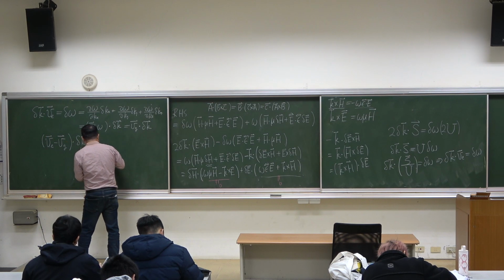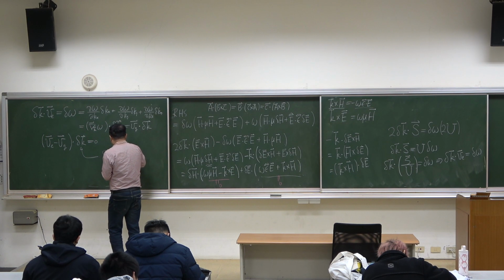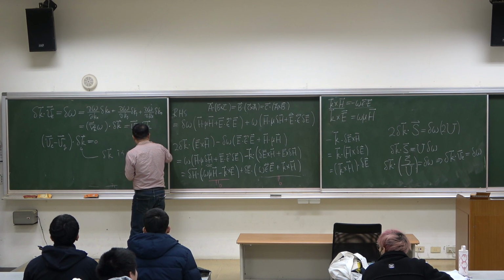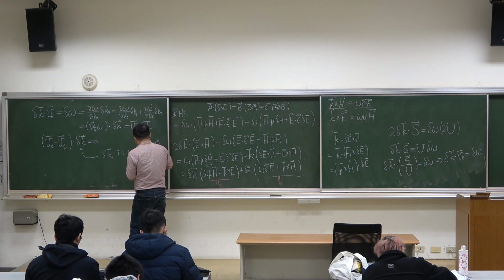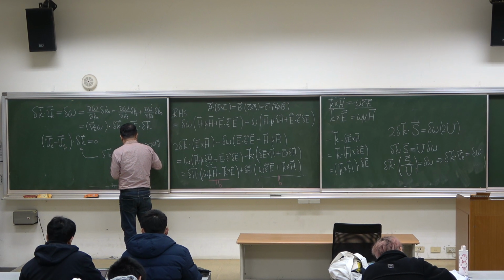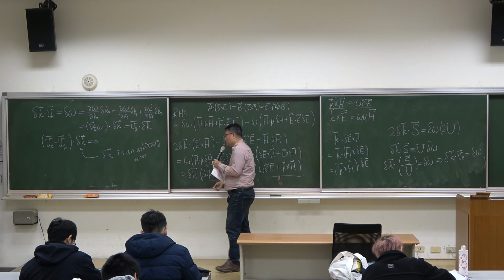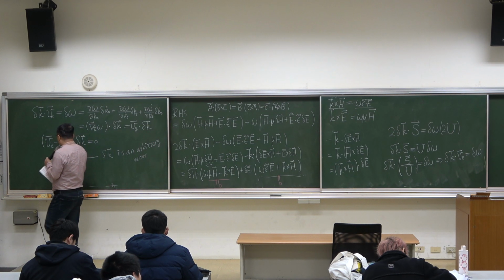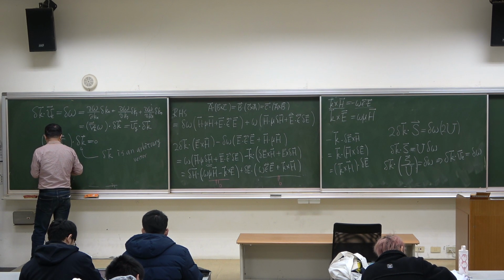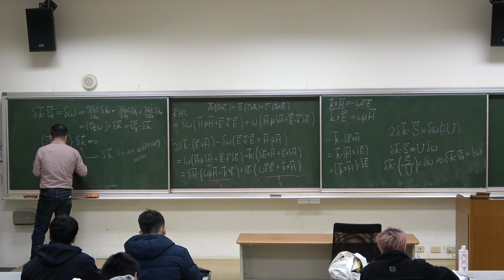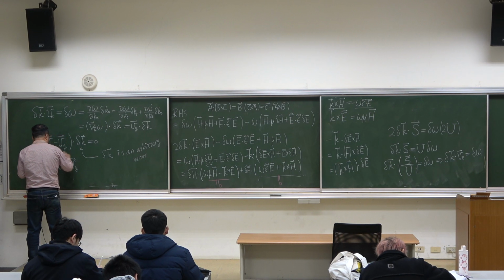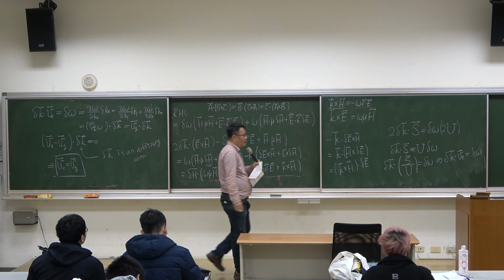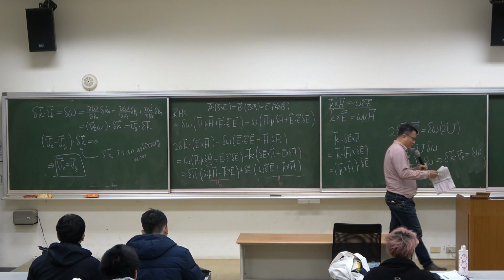However, we know that delta k is an arbitrary vector. Although it is infinitesimal, it is also an arbitrary vector. So this means that VE is equal to VG. Okay. So what does this result mean?